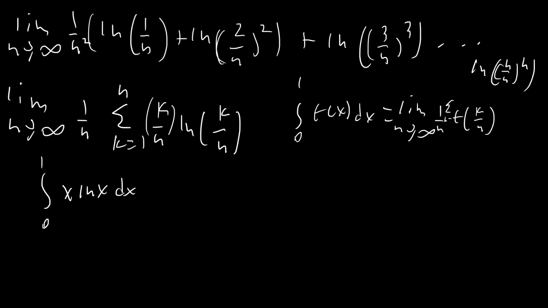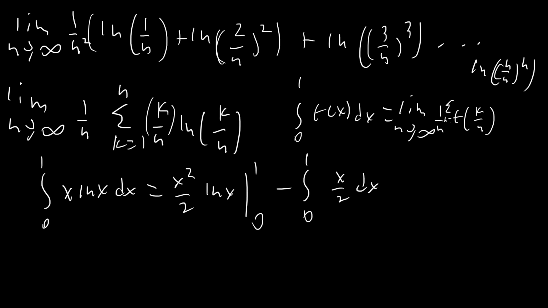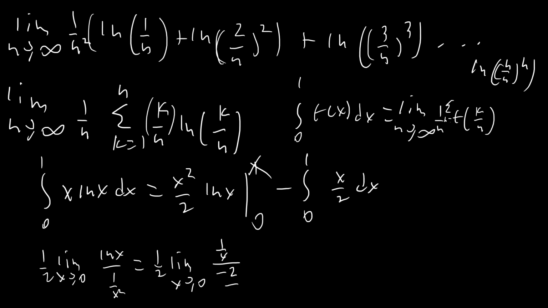We can just do integration by parts on this integral, and we will get x squared over 2 ln x, evaluated at 1 and 0, minus the integral from 0 to 1 of x over 2 dx. Now at 1, this is clearly just going to be 0, and at 0, we'll have a nice limit, which we can evaluate using L'Hopital's rule. We'll end up with 1/2 times the limit as x goes to 0 of ln x over 1 over x squared, sorry, which is equal to 1/2 times the limit as x goes to 0 of 1 over x over negative 2 over x cubed.